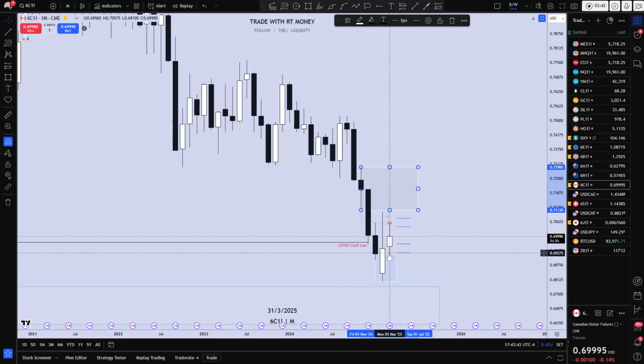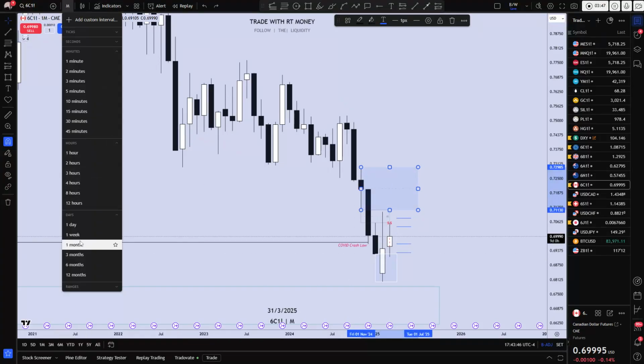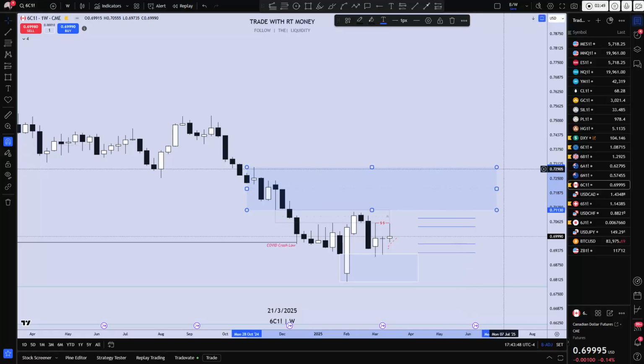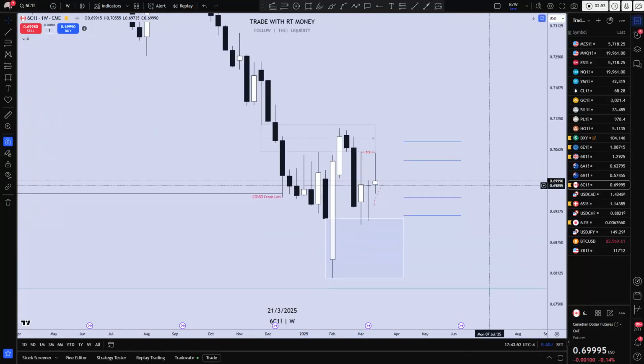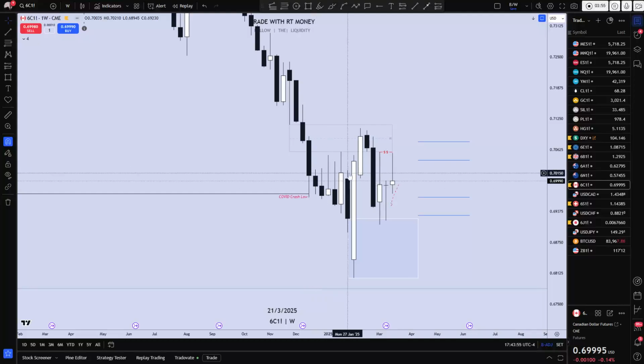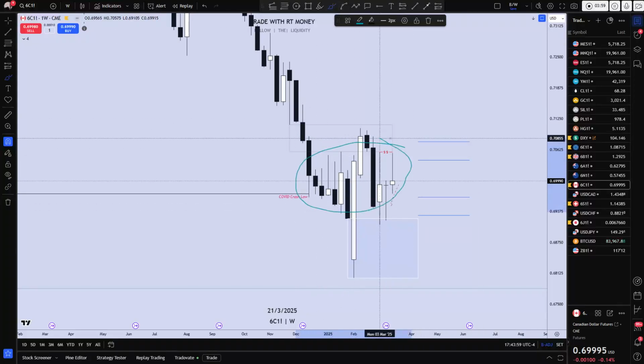Okay, now let's take a look at the weekly. What do we see? Let's get rid of this. This is supposed to have been supply. I don't know why it didn't turn into supply. You can see that the price action has been wicky and consolidative, right? But you see how price closed here, and then we have a gap down, and then a close of that gap here.